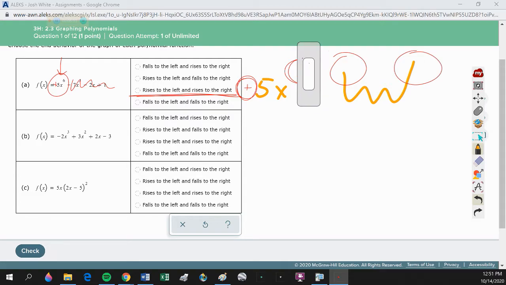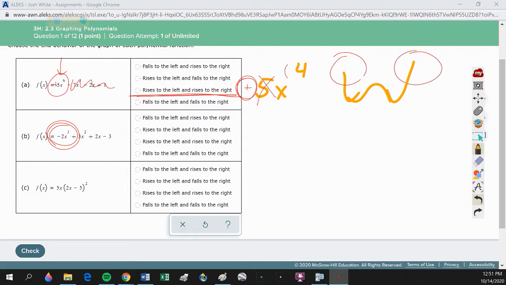Good. If this was a 4, that just takes out one of the wiggles. This number is not important for this problem. Right? All we're looking at is positive or negative and then the exponent. Okay? So right here, what shape is B going to have?